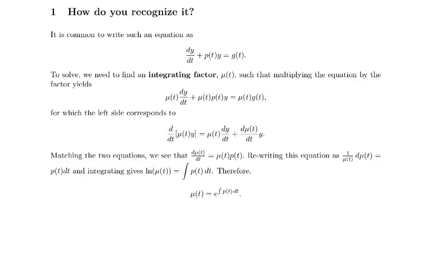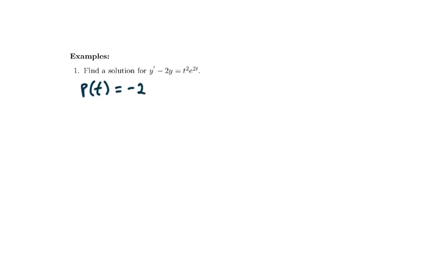So take note that the original form is y prime plus p times y, and so you do need to account for negativity if you have it, which we do in this case. And our g of t function is the right-hand side, which is t squared e to the 2t.